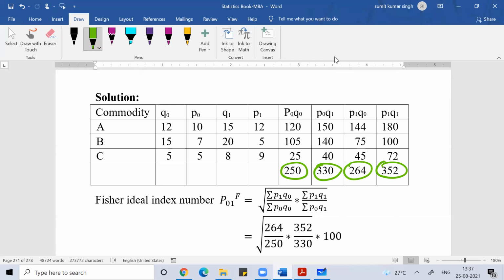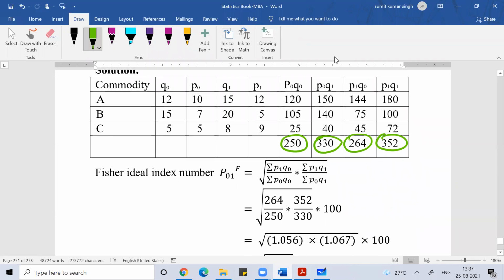Clear, right? Anyone, any doubt? Everyone getting the same value? Once you get this, can you find the Fisher ideal index number P01 for them?